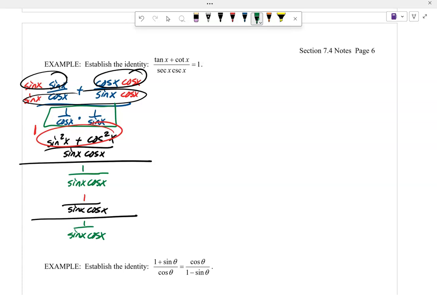And so it's kind of like 2 over 2, you got 1. Or if you want to be proper or technical about it, you can multiply by the reciprocal of the denominator, sine cosine over 1. But that means you got to do it to the top. And so you got sine cosine over sine cosine, which is just 1. And 1 equals 1, and that's what we want to get to prove that.